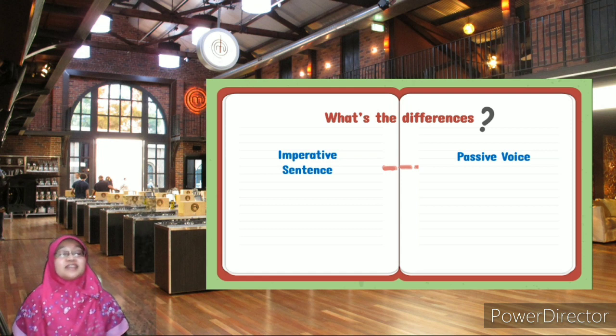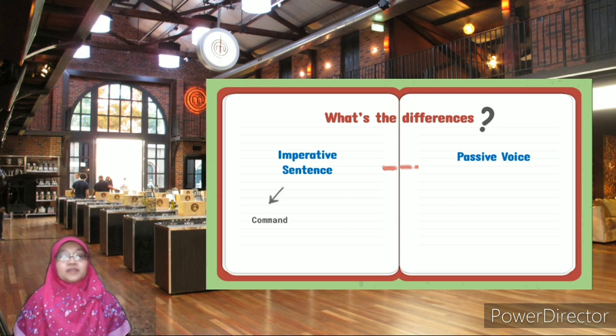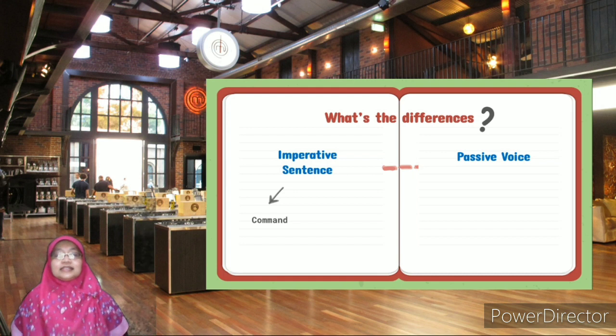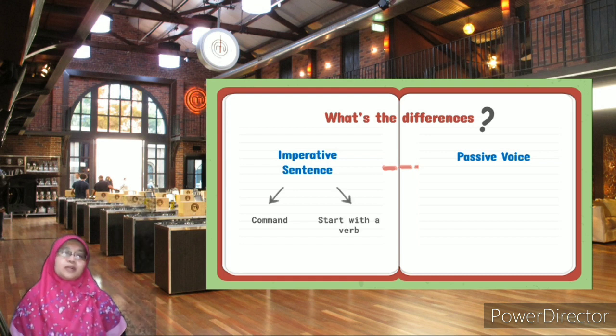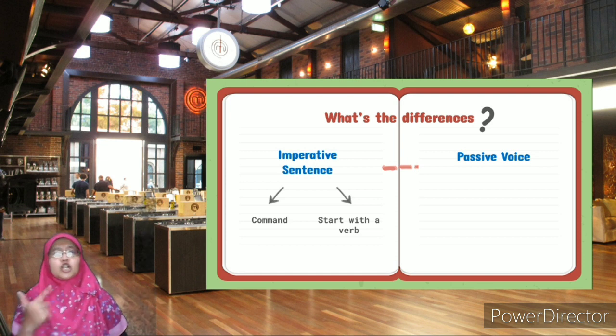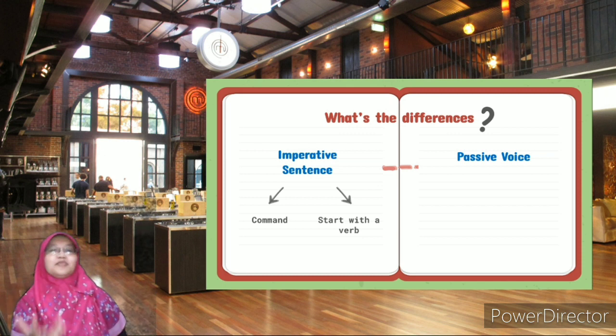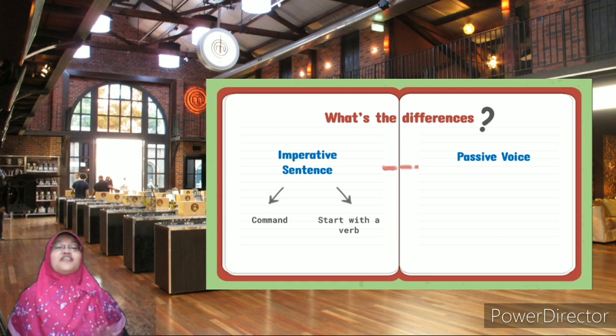The imperative sentence is usually a command. So, it starts with a verb. So, for example, cut the onion, close the door, listen to your teacher, unmute your speaker, open up your video. Those are the examples of the imperative sentence.